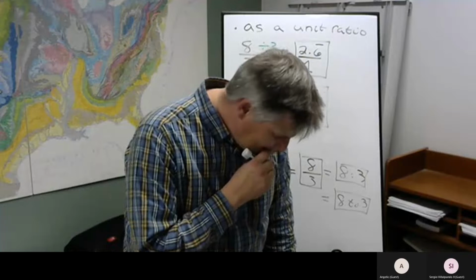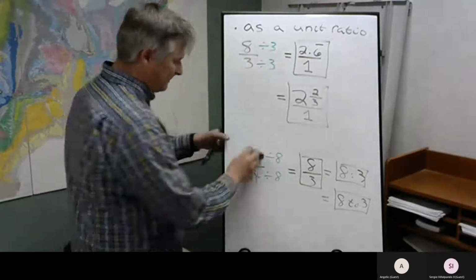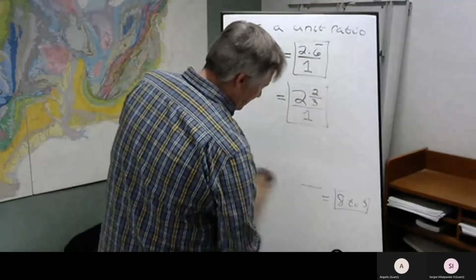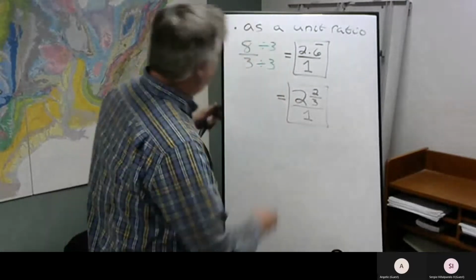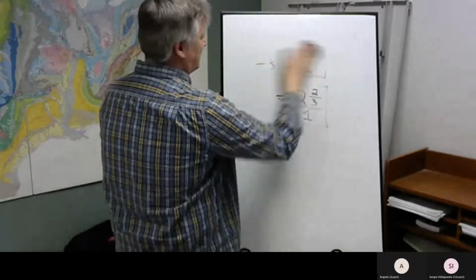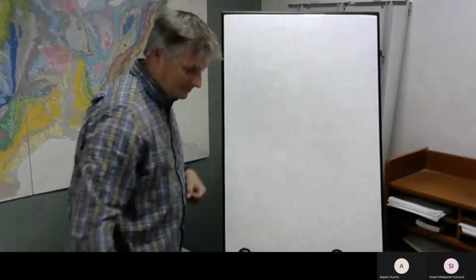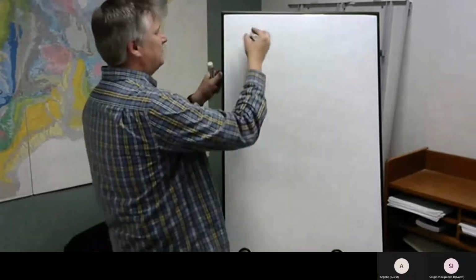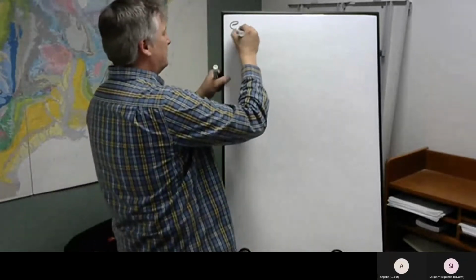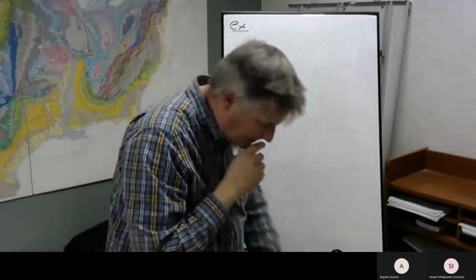So let me do one more. Now this is an example from the text, and this is example number 5 on page 513. But it works like this. And it's just a little trick in here that we're going to do, something to keep in mind.